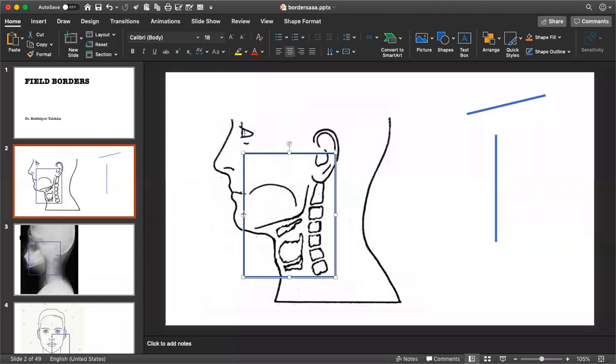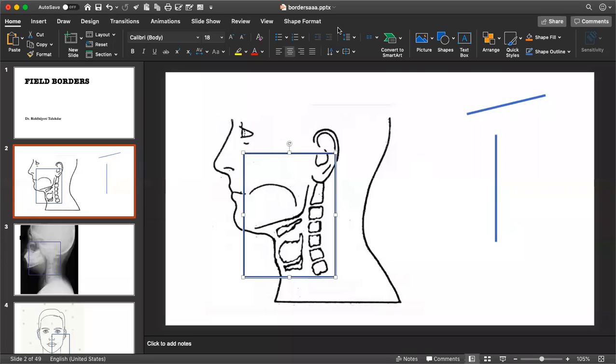Someone has asked about the use of wedge. Dr. Abhishek has asked. Yes, you do have to use wedges, paired wedges, especially for your small tumor.